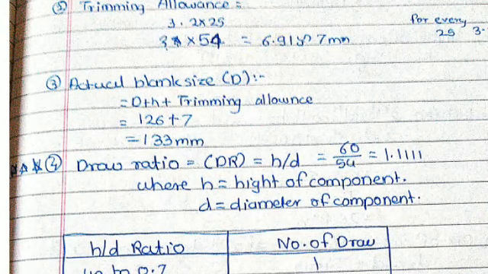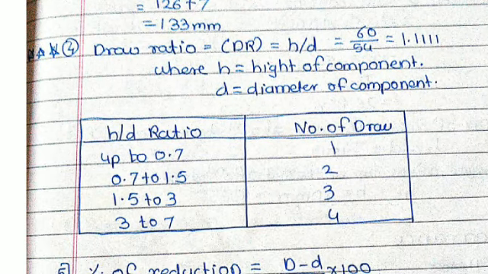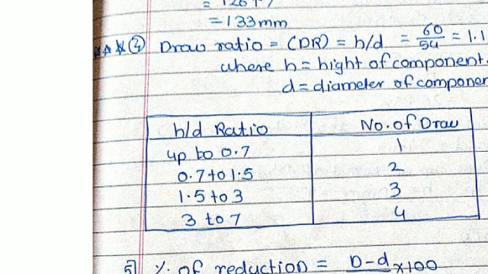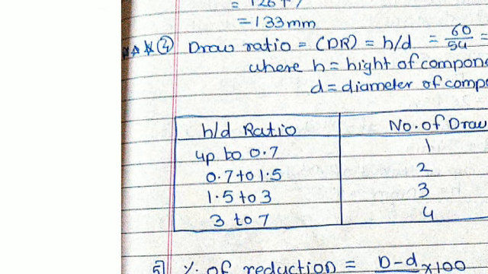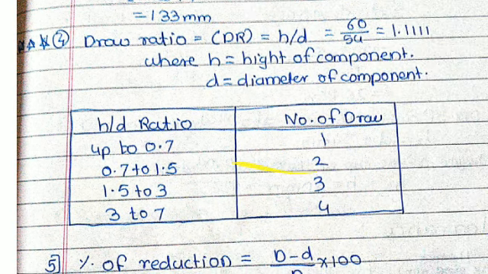So from the table in the solution, for h by d as 0.7 to 1.5, number of draws is coming out to be 2. Therefore, we require 2 draws for this cup to be drawn. I hope you understood the problem.